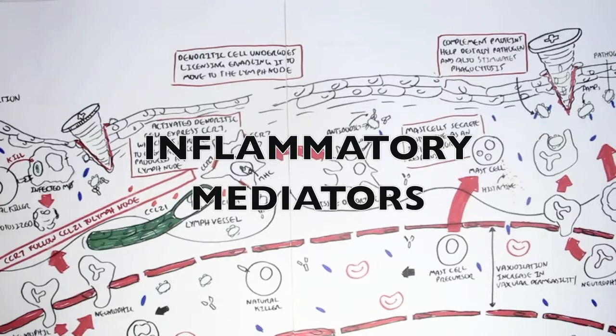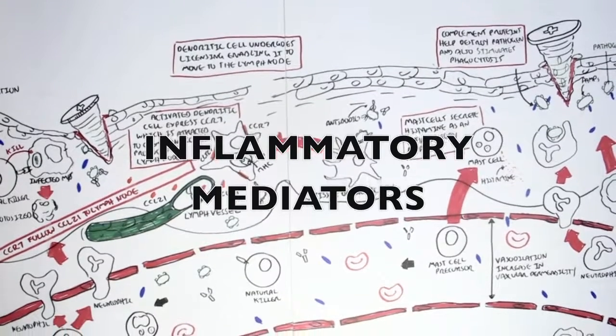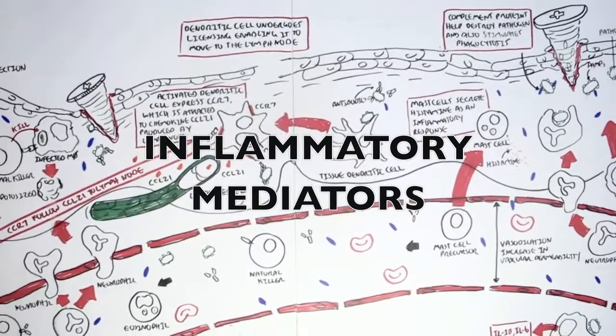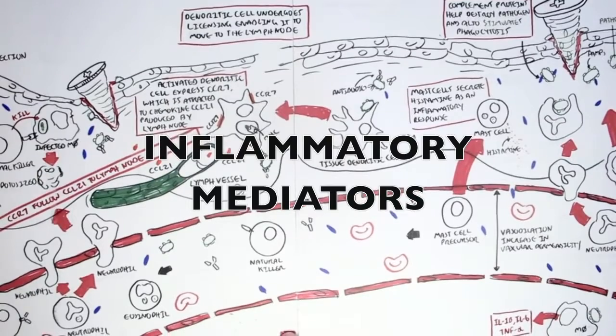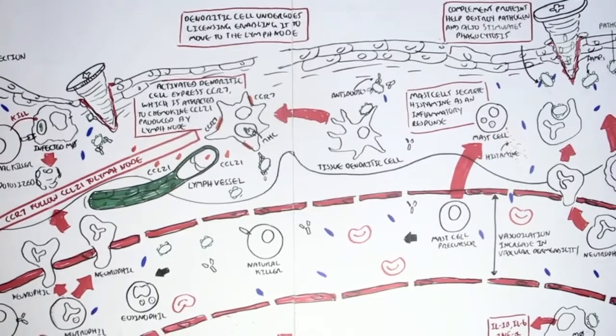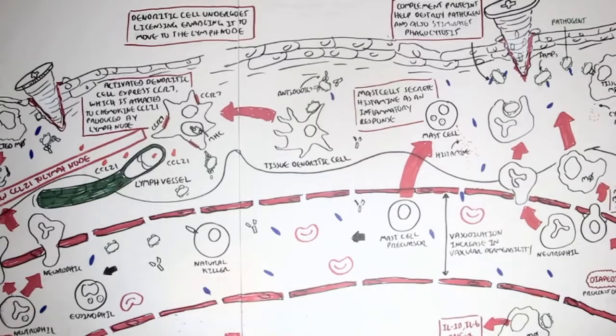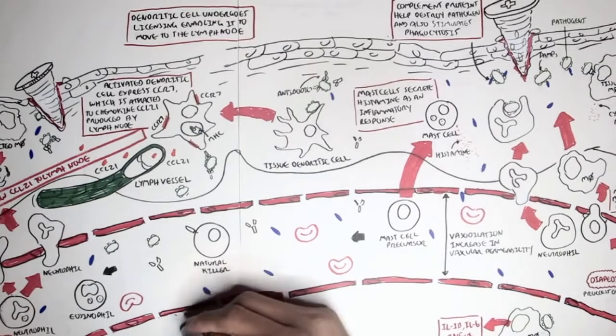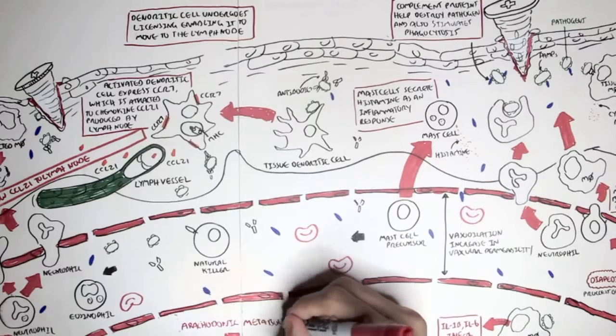These inflammatory mediators also promote the immune response as well as many other things, the pain response as well. They are part of the innate immunity and also part of the adaptive immunity to an extent. So in this final part of this video, we're just going to look at some of the inflammatory mediators.